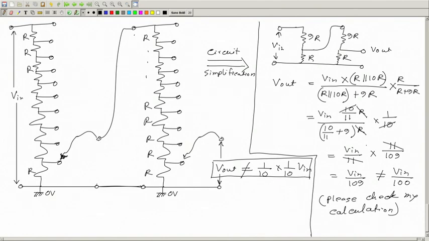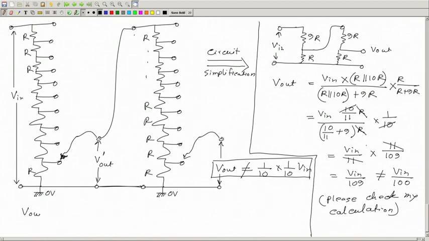if we call this V out prime, the intermediate, and if we think this is equal to 1 over 10 of V in, that is only true if there is no current flowing through this or through this.